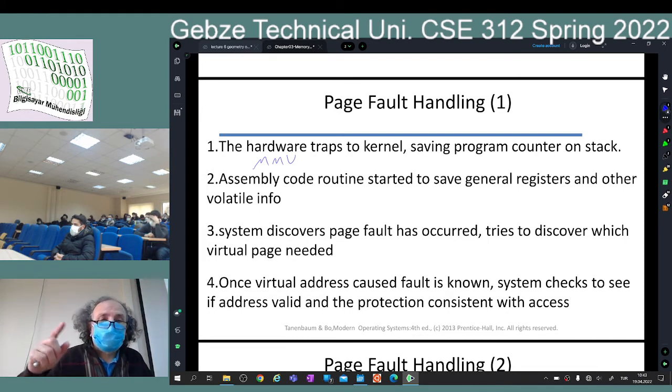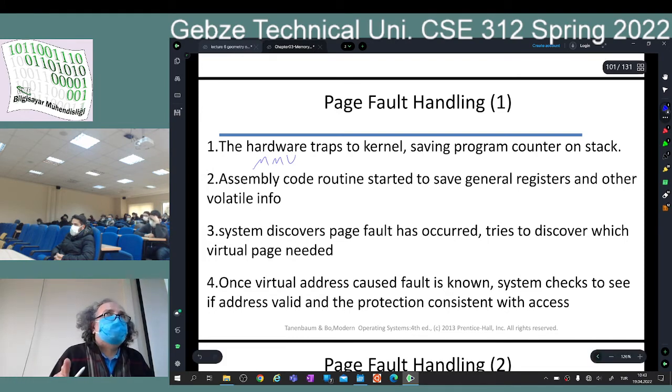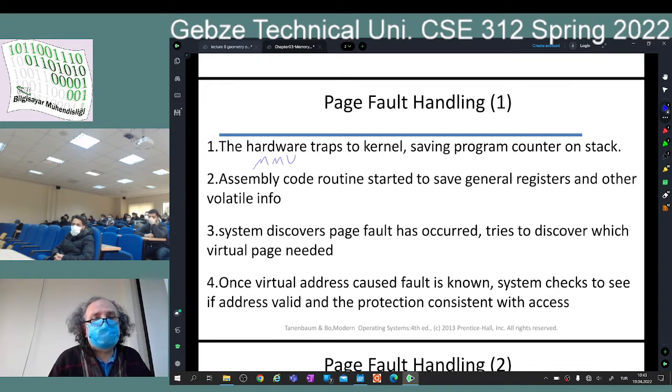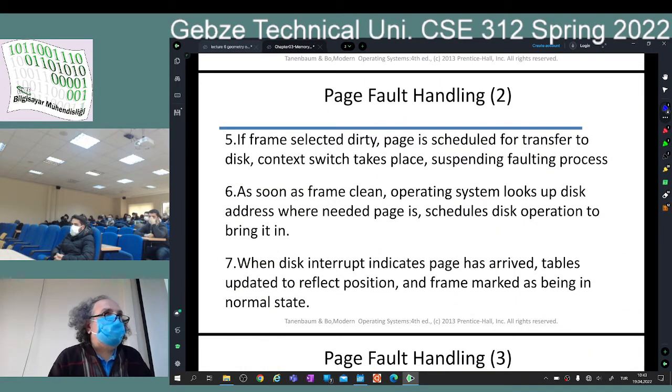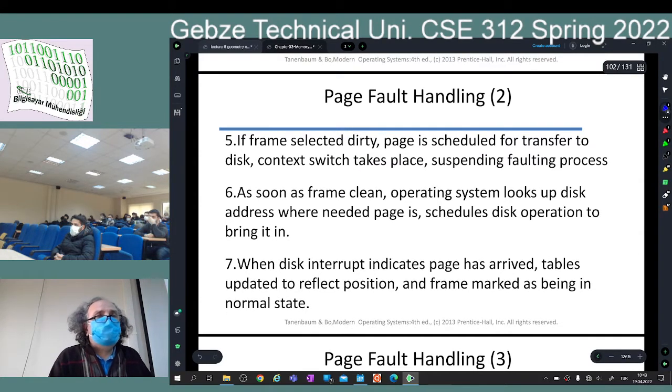If I know that the address I am trying to access is not invalid, then I will continue. I know the address. Then I need to do maybe some page replacement. This doesn't happen all the time. I don't always have to select a page that needs to be replaced, because what did I say before?